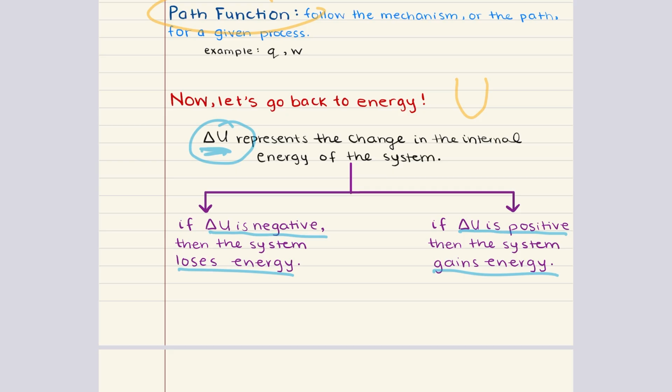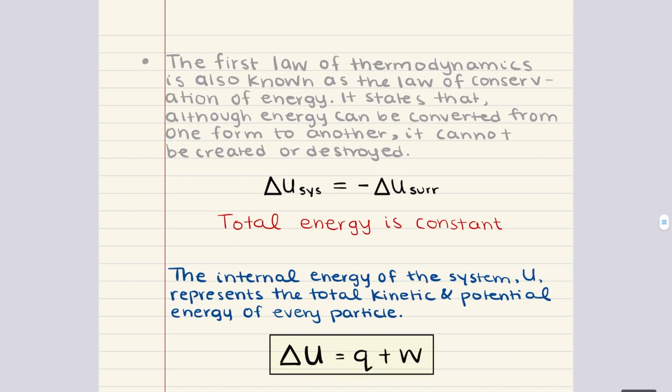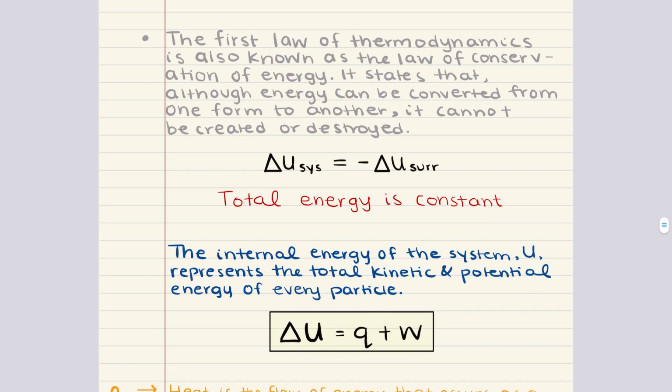This idea leads us into one of the fundamental principles of thermodynamics, the first law, also known as the law of conservation of energy. It tells us that energy can be transferred or transformed, but it cannot be created or destroyed. That means that any energy lost by the system must have gone into the surroundings. And any energy gained by the system must have come from somewhere, the surroundings.